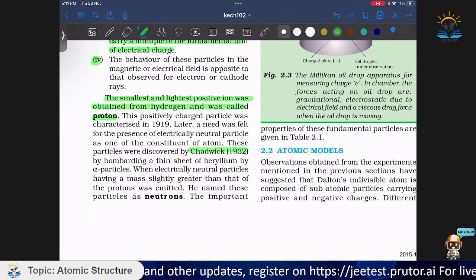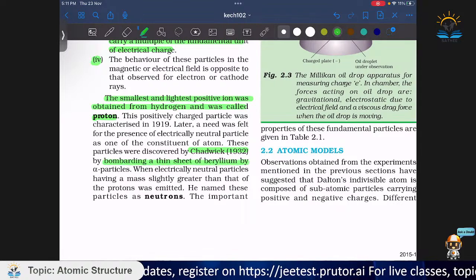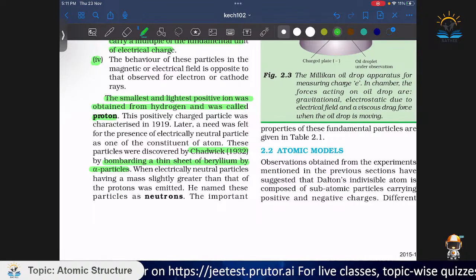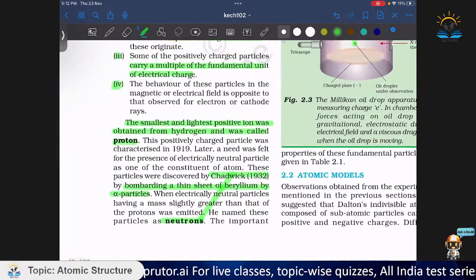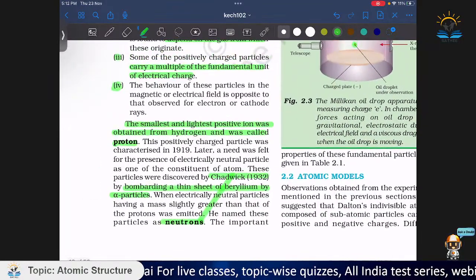Chadwick bombarded a beryllium sheet with alpha particles, and neutral particles were emitted, and he called them neutrons. So this was all about the discovery of various subatomic particles.